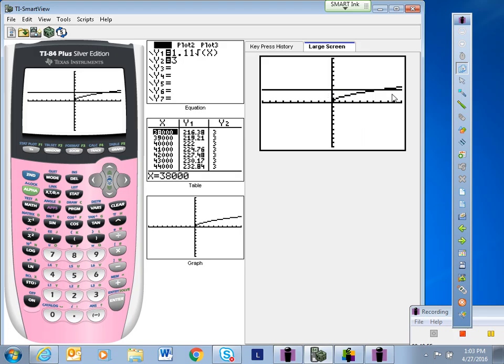You just put y is 3. Tell me where y is 3. It's right here somewhere, so I'll go second, calculate, number 5, the intersection. First curve, yes. Second curve, yes. What's my answer? 7.3 feet is how long the pendulum has to be in order for its period to be 3.